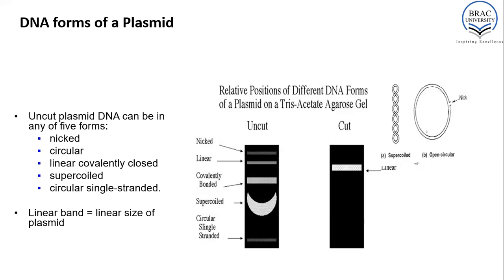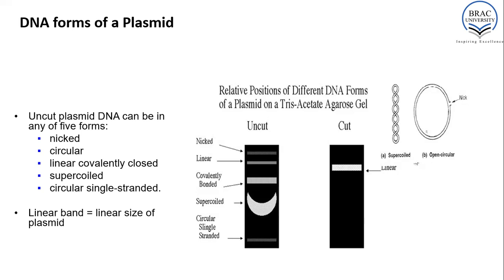But when the alkaline pH comes back to neutral conditions, these hydrogen bonds can form again, and they produce the supercoil one. That's the most abundant one.